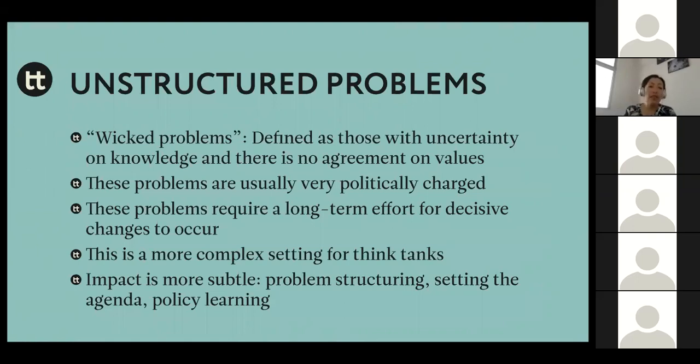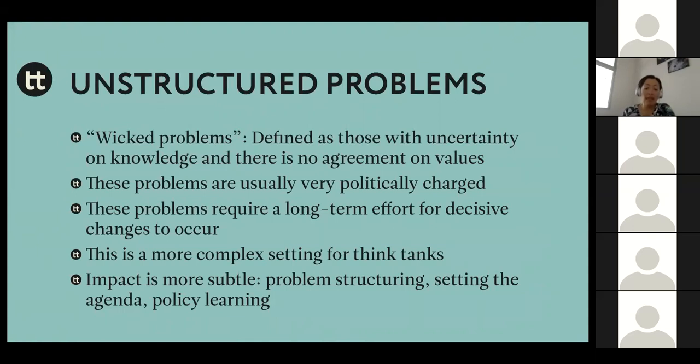These ones are usually also called wicked problems. You will find this type of expression in the literature as well. Because like we said, they have uncertainty and lack of agreement, both in the knowledge and the values around that problem.